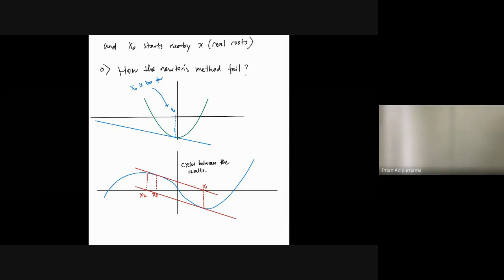You find x0, and you put in your formula: x1 equals x0 minus f of x0 divided by f prime of x0. If you forget the formula, you can derive it from the mean value theorem or the linear approximation, because it's similar. Then you solve for the x, and you will get Newton's method. And remember how Newton's method fails: if you take a point too far, or it becomes a cycle, the method will fail.